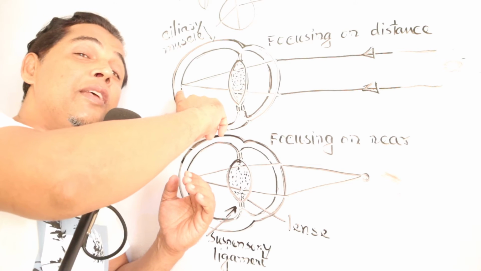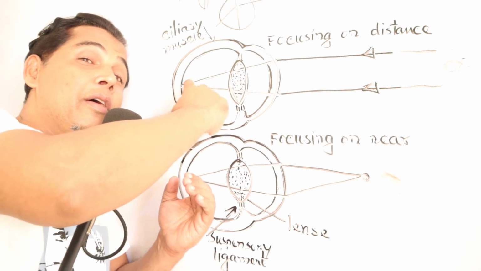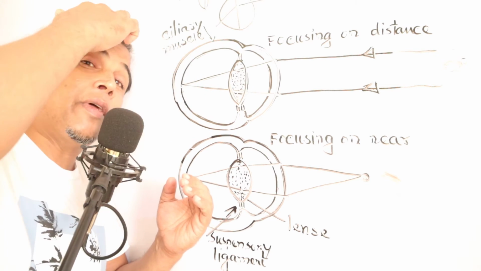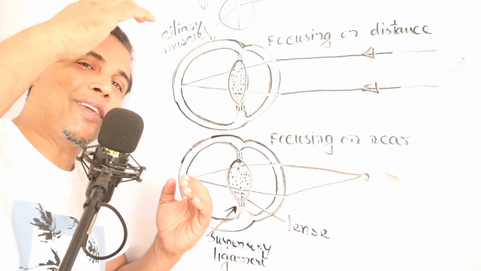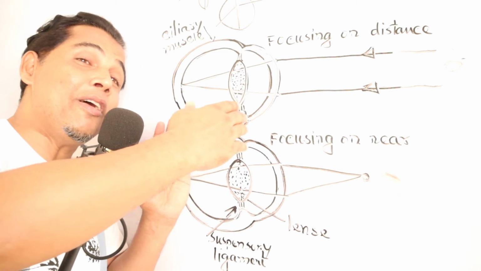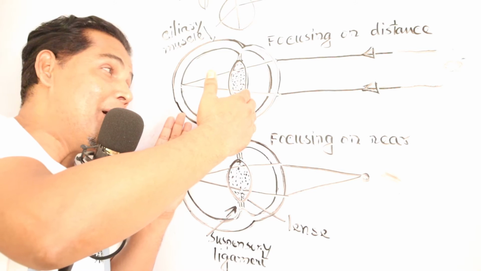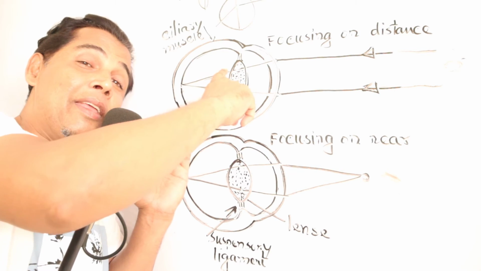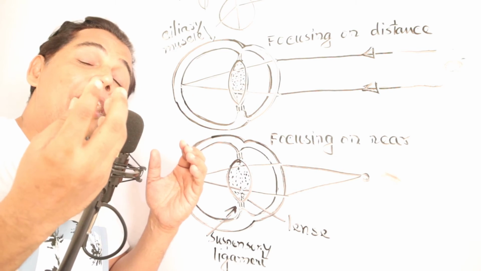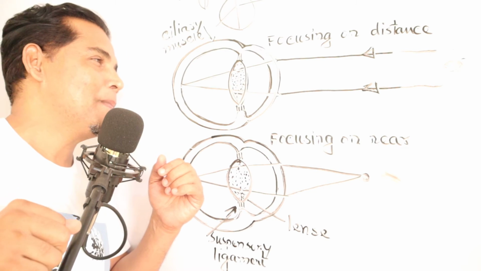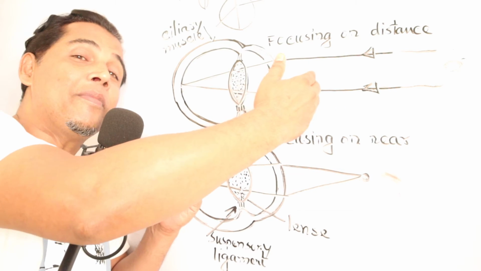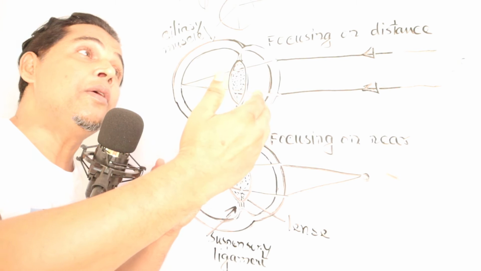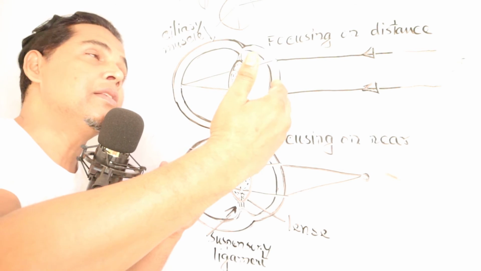So after the image is formed, through the optic nerve, the brain watches any object. So the duty of the lens, the duty of the eye, is forming an image. So as normally we can watch farther things.